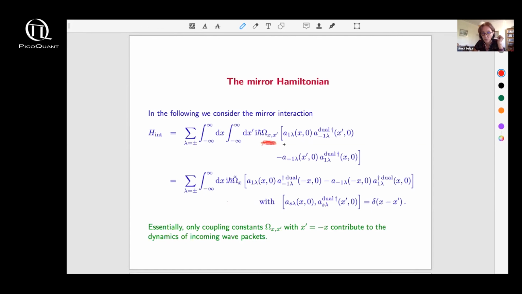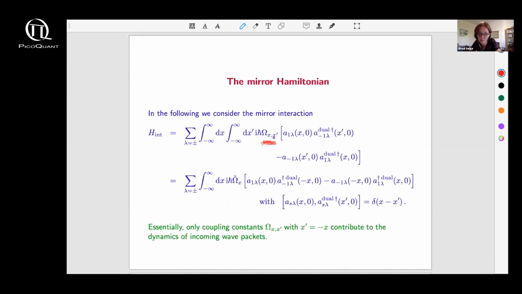What the mirror does is it takes a photon that moves to the right and recreates a photon that moves to the left. So you have a scattering process. But when you take this Hamiltonian and look at it in the interaction picture, you find that you only get resonances when x is equal to minus x. That means the only resonant process that happens in the mirror is that once the photon hits the mirror, it gets annihilated and recreated at minus x, and then it moves in the opposite direction.